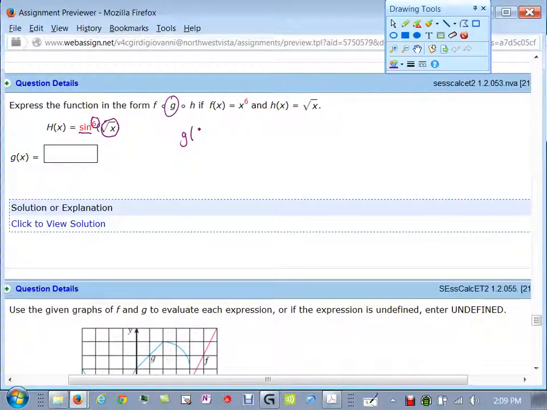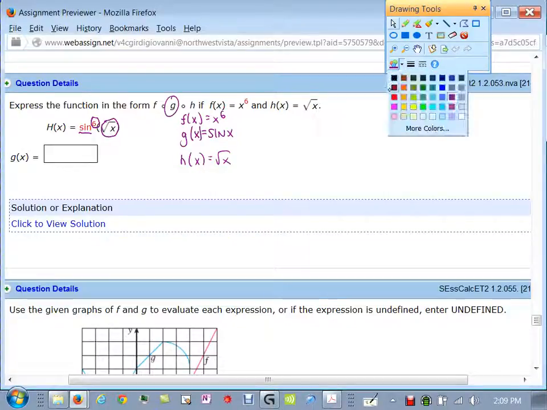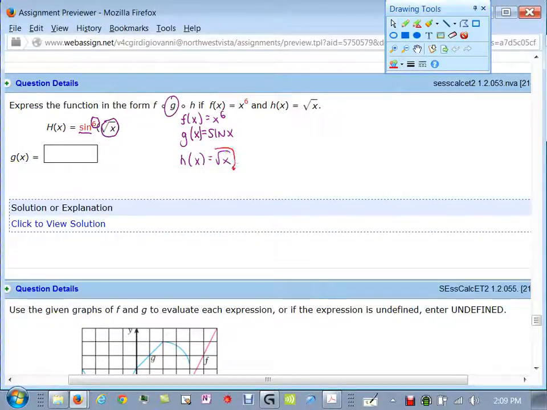What if g of x is sine x? Now h of x, they said, was square root of x. And f of x was x to the 6th. So what happens if I take h and plug it in here into g? I get sine of square root of x.